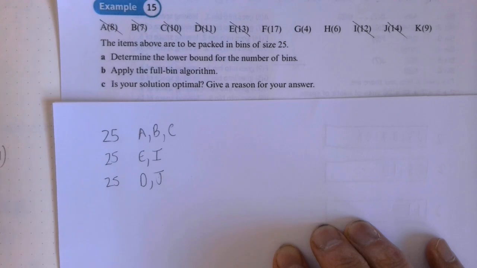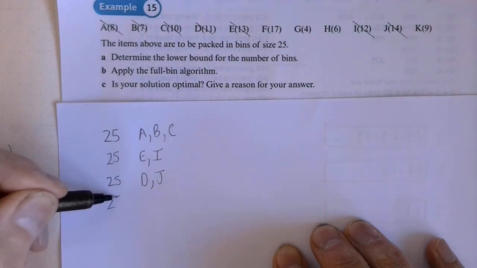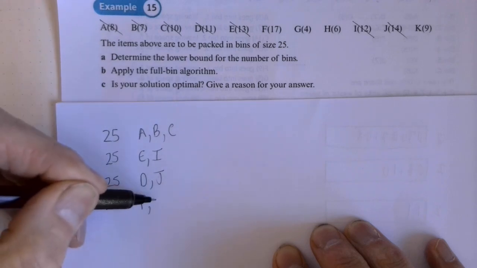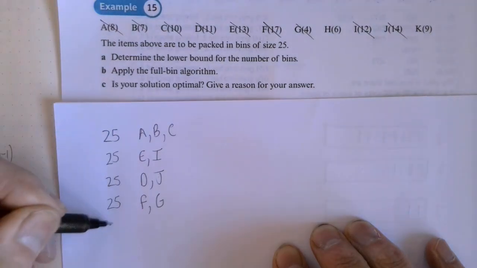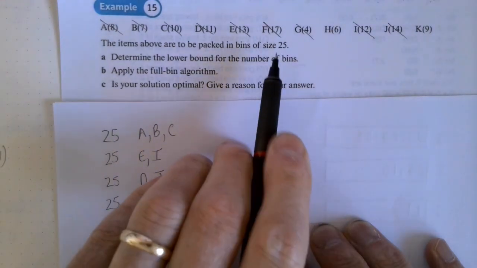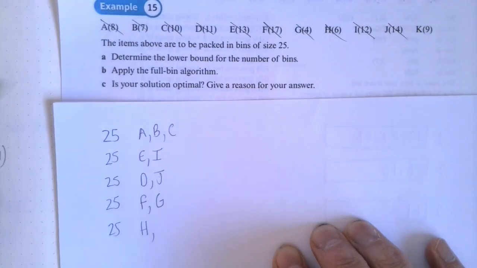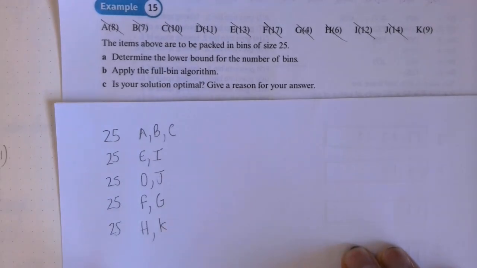So I'm just going to use first fit for those. All these bins are full, so nothing I can do there. So F is going to go in there, and G will fit in there, but H will not. And F and G add up to 21, so K won't fit in that, so K goes in that one there.